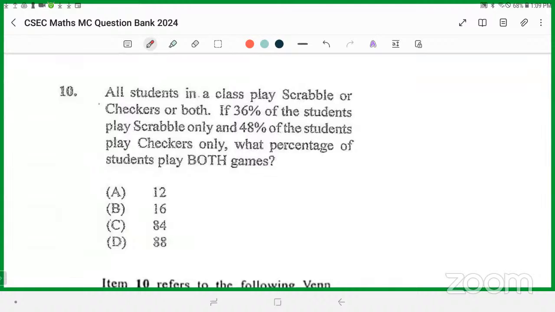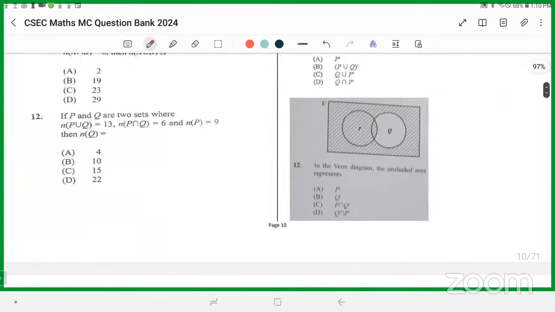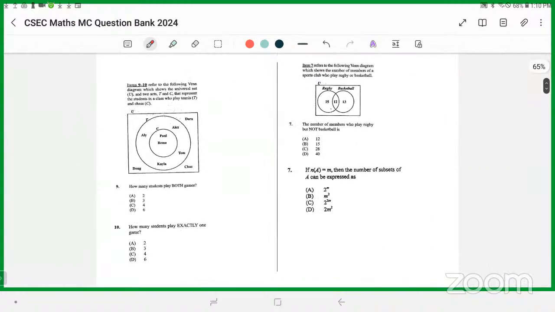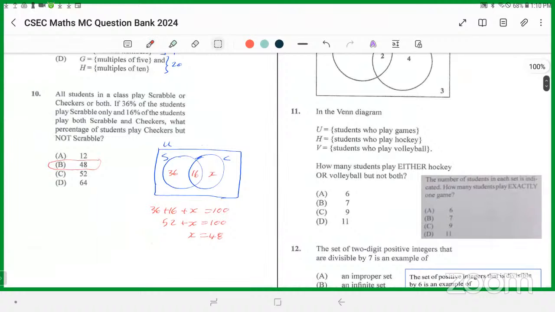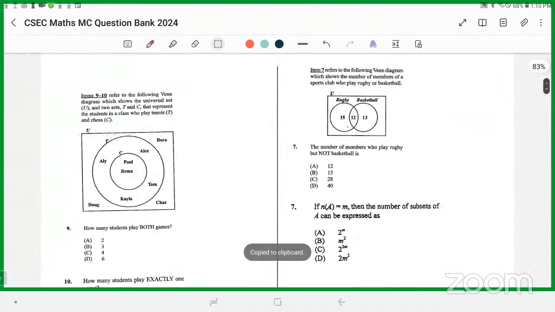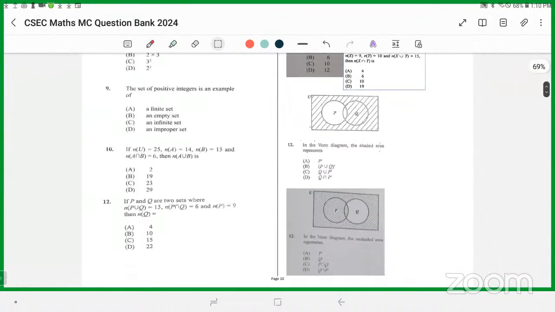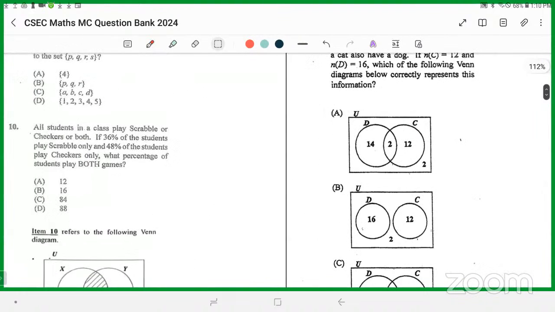What percentage play both? 16 was the answer to the last question. So I tell you guys, you cannot assume it's the same question. I must copy this down. It's the same information, but they reversed some of the data.